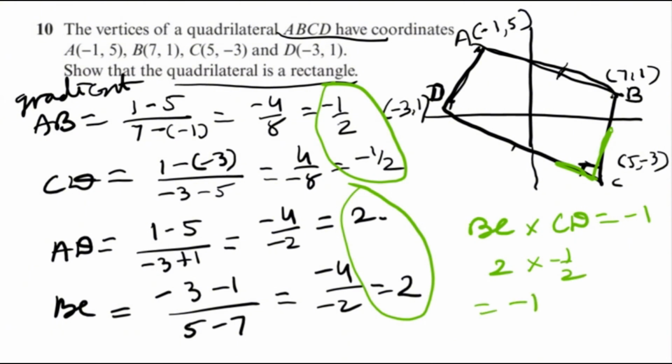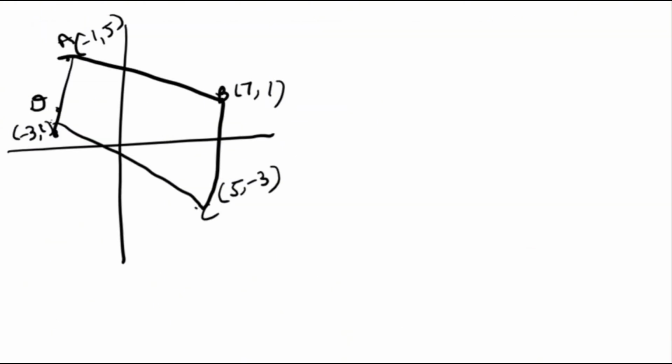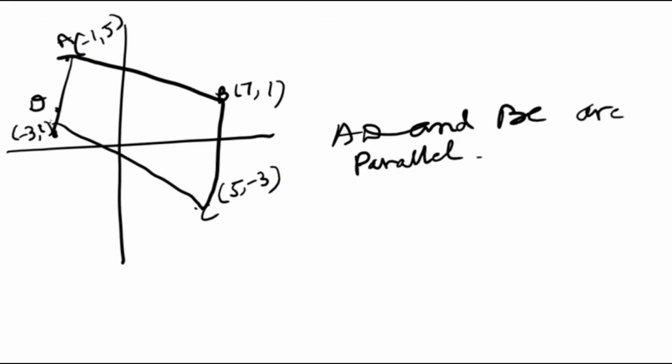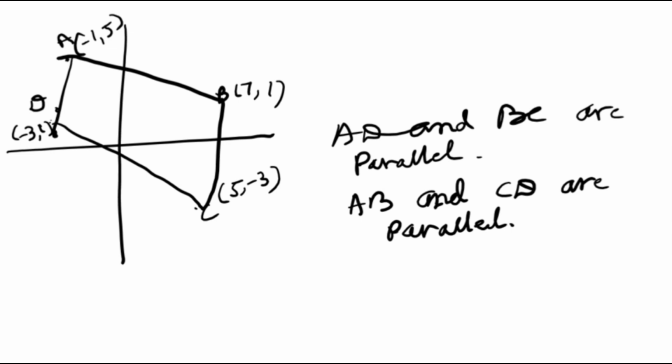So we can prove like that these two lines are perpendicular to each other. So how to write it down? In this case, I can say AD and BC are parallel because they have the same gradient, which is 2, and AB and CD are also parallel because they also have the same gradient. And then we have to write it down.